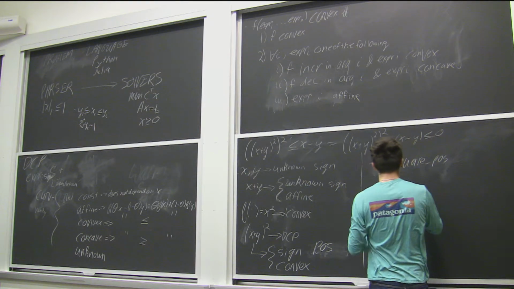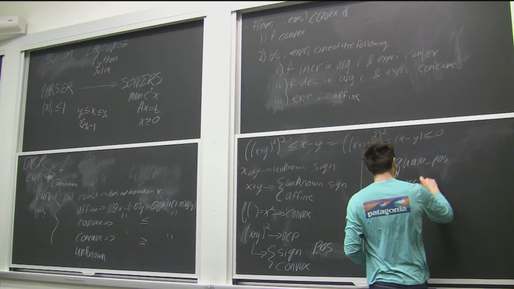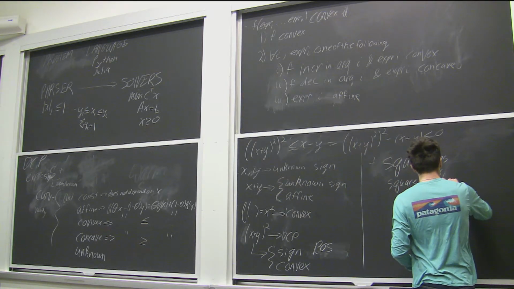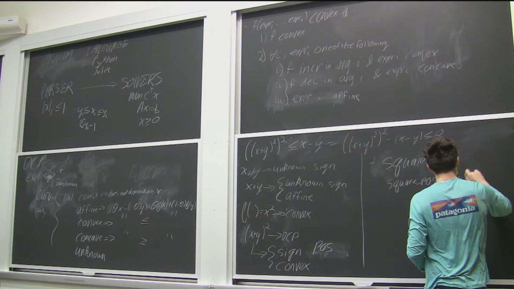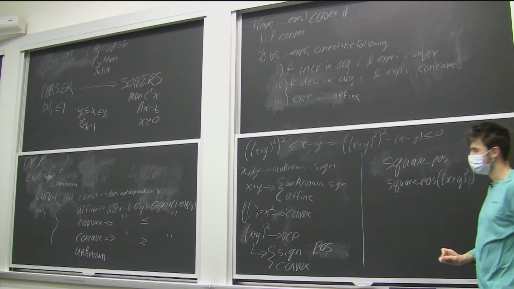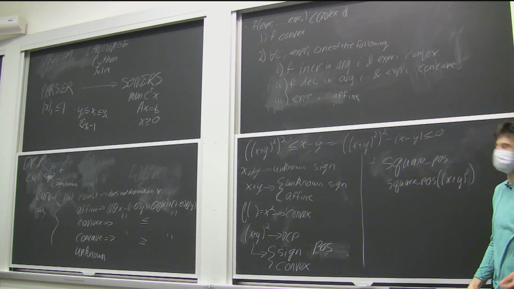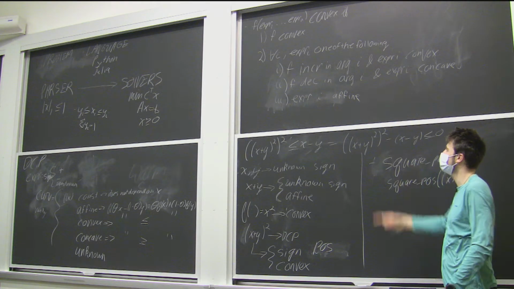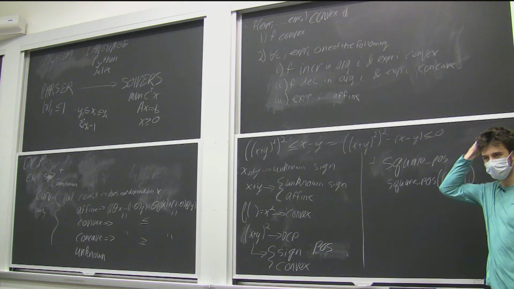So then that means that I need to do square_pos of x plus y, squared. If I'm actually going to write this on a computer, I can't use the square function twice. I could use the fourth function, but for the sake of this example, we're going to do that.